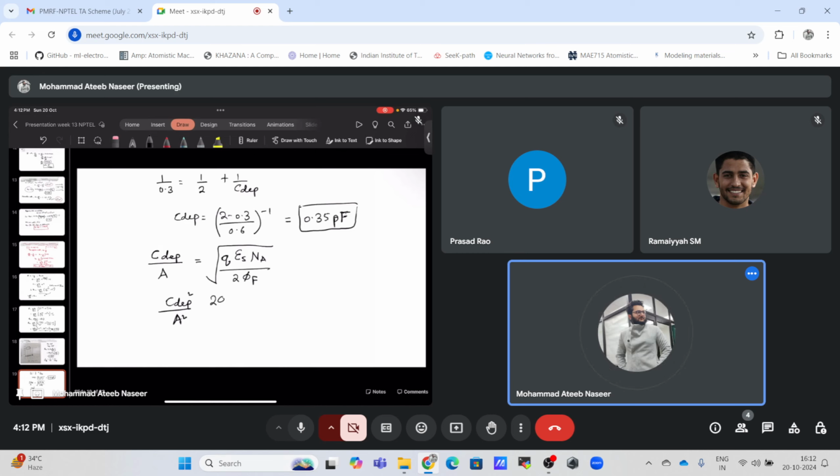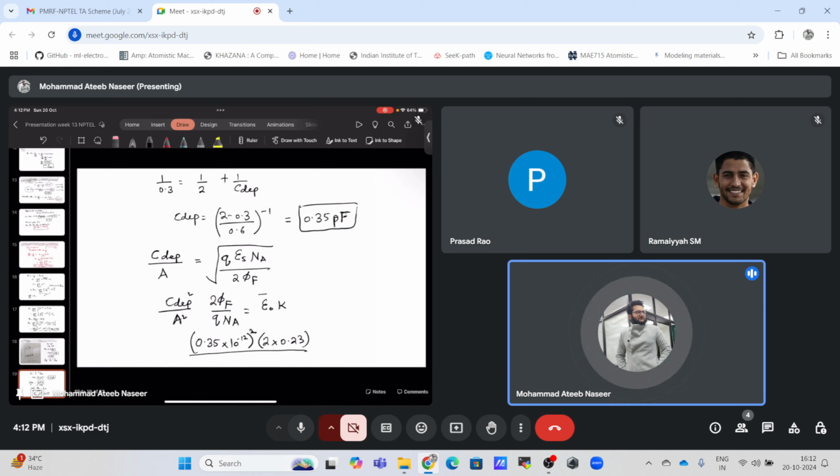times 2 times phi f by q times Na, which is simply epsilon naught times the relative permittivity. Let me replace it by K. So C dep is the depletion capacitance, 0.35 times 10 to the power of minus 12, whole squared, times 2 times phi f. Phi f is 0.23, so 2 times 0.23.